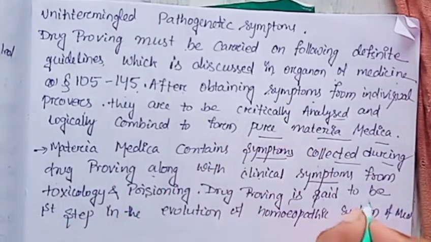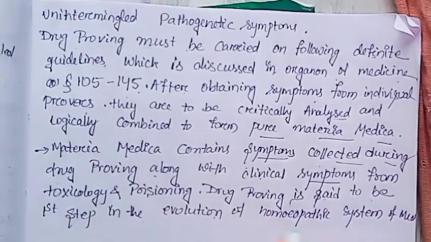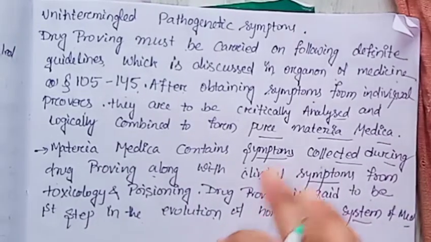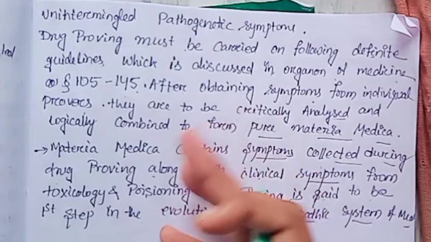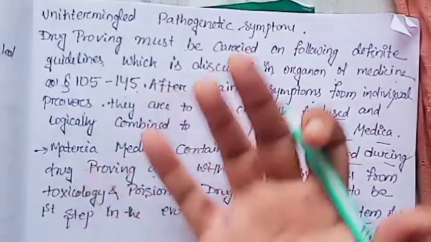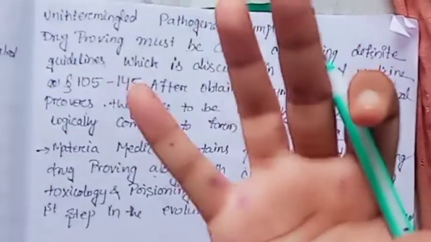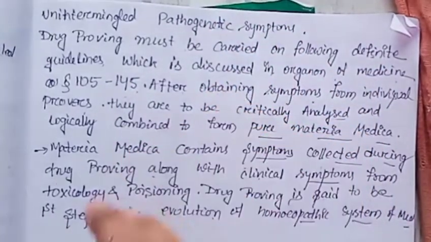So drug proving is said to be the first step of the evolution of the homeopathic system of medicine. Drug proving itself is the evolution of homeopathic medicine. How homeopathic medicine evolved, you can know from this drug proving.